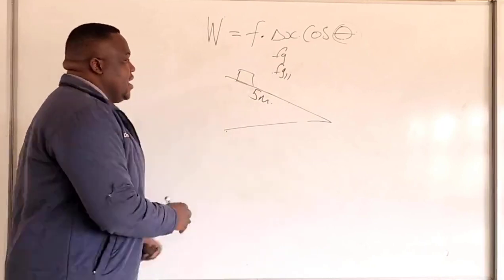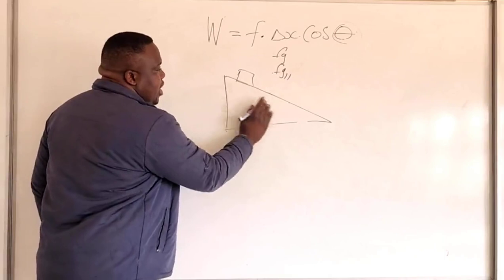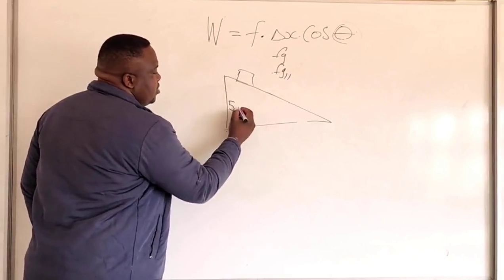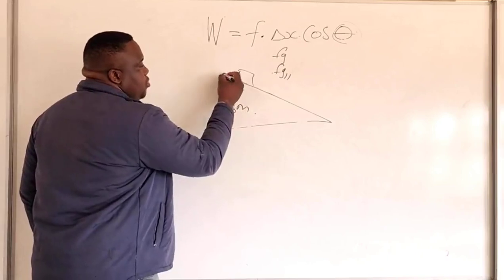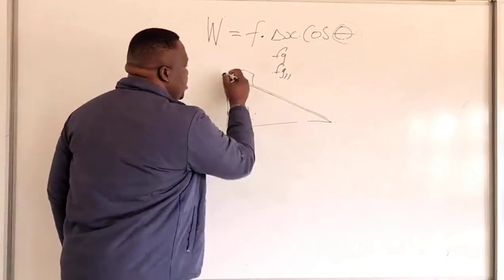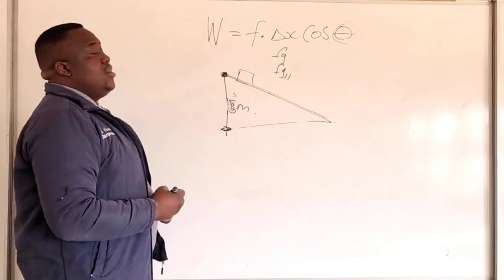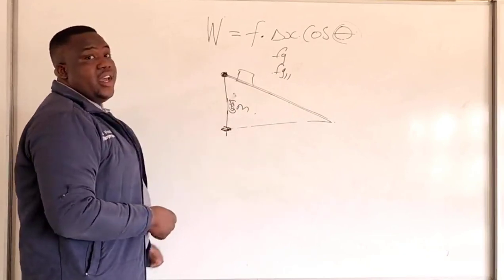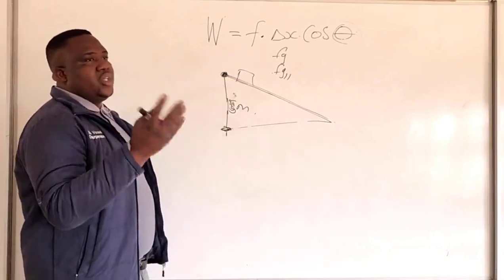Understand? Let's say the object here is 5 meters above the ground. The object moves from this point to here, and from this point to the ground is 5. I will not use the gravitational force parallel. I will not use cos, I will not use sine.